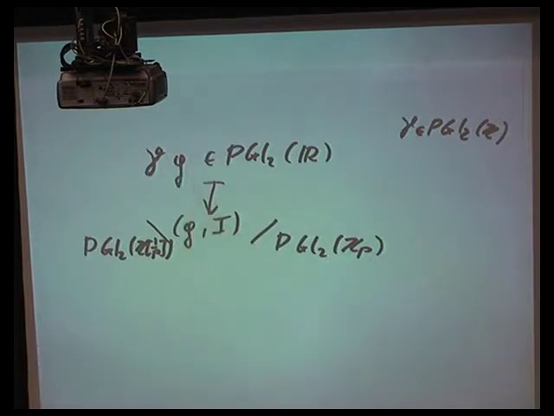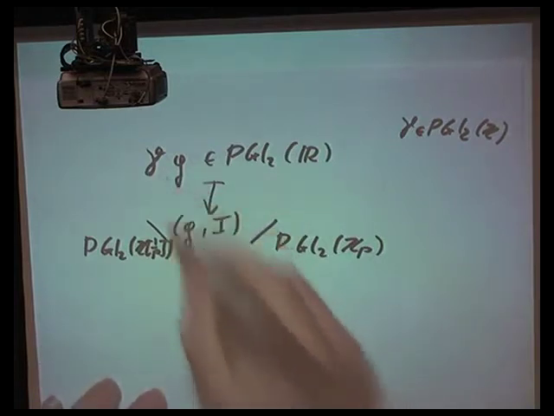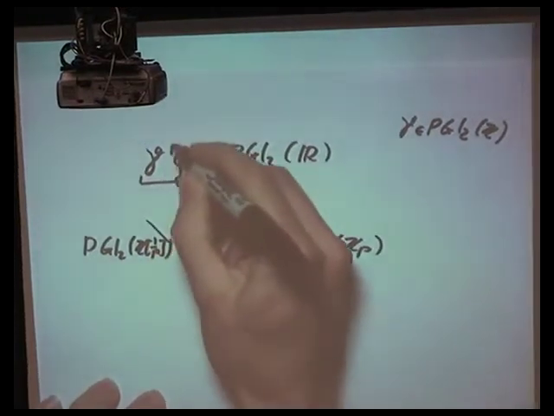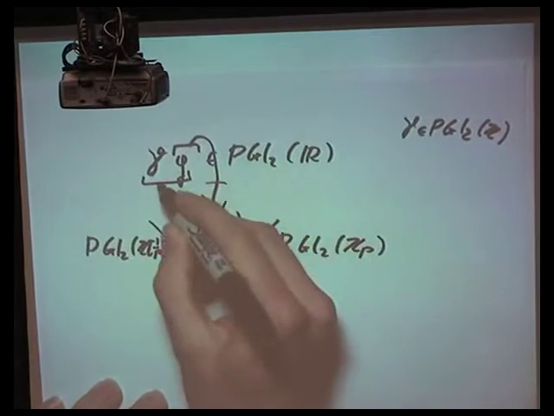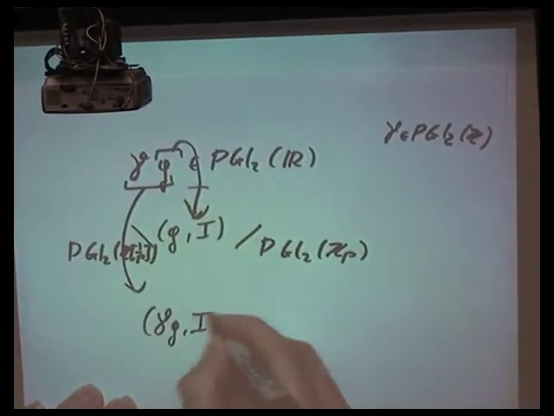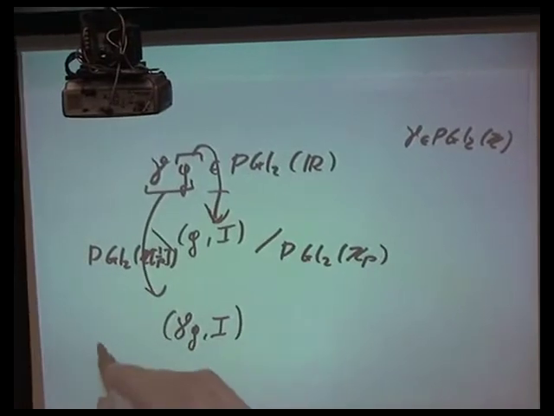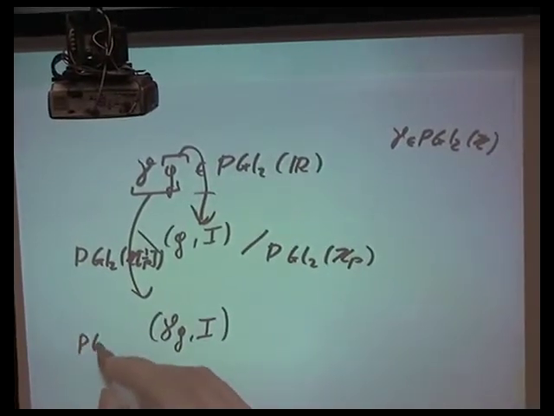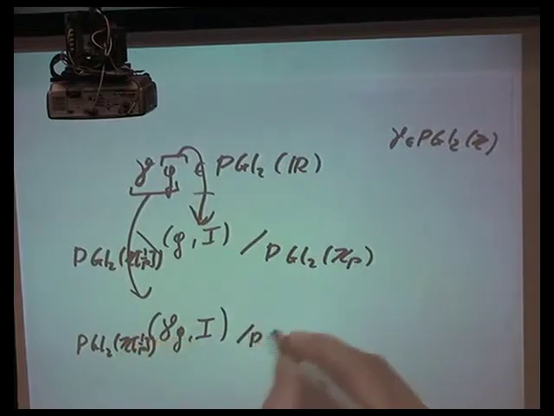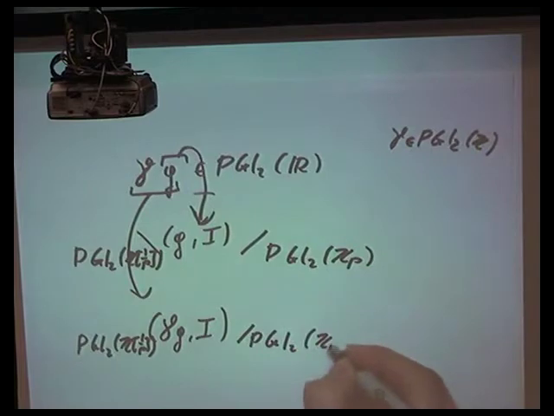Maybe let's practice how this works. When you take this, you get (gamma g, identity), and then PGL2(Z[1/p]) and PGL2(Z_p).